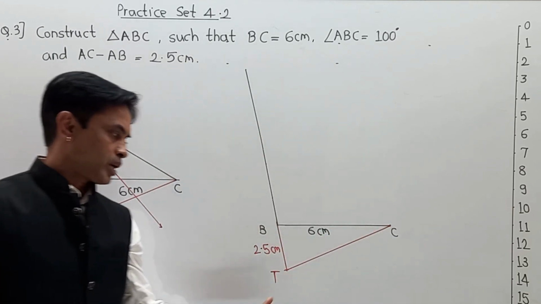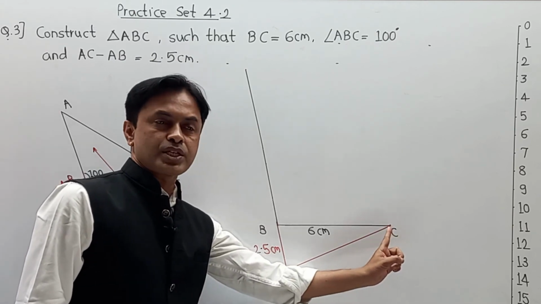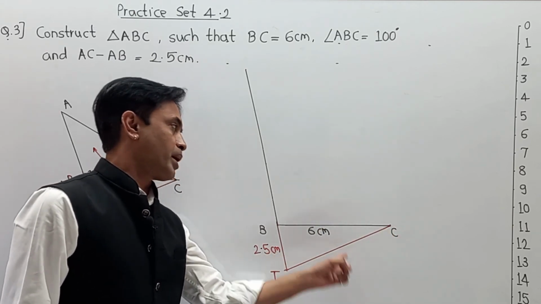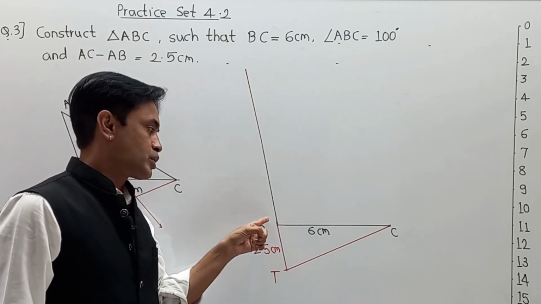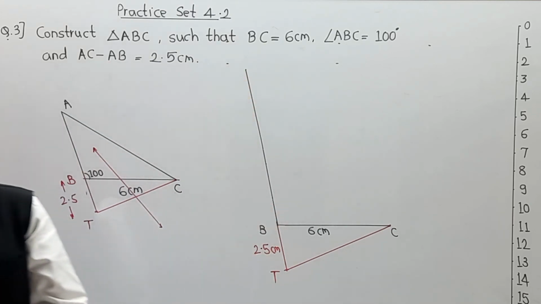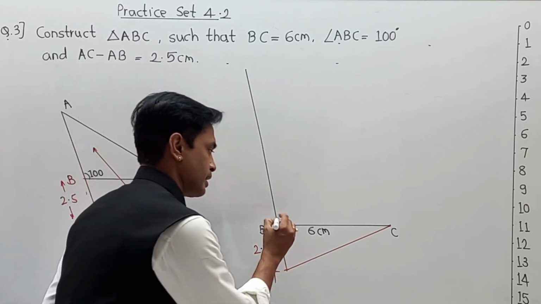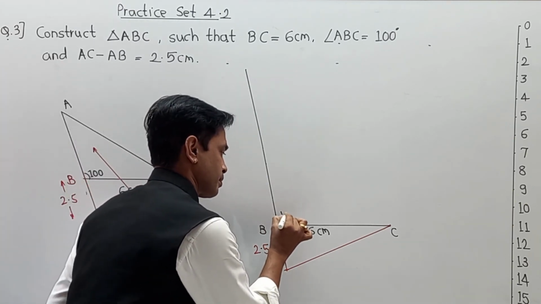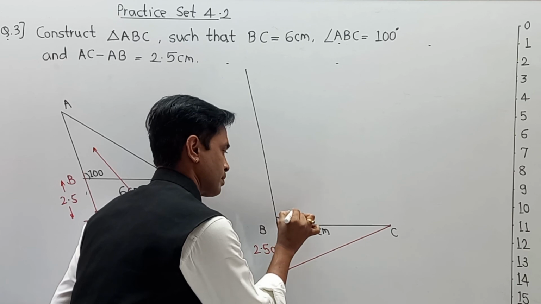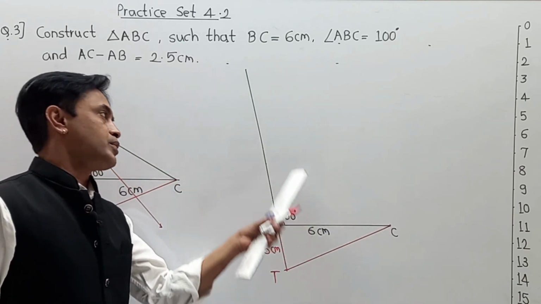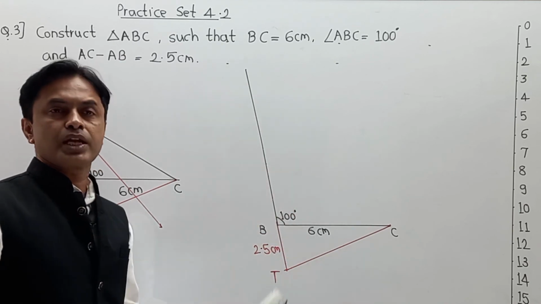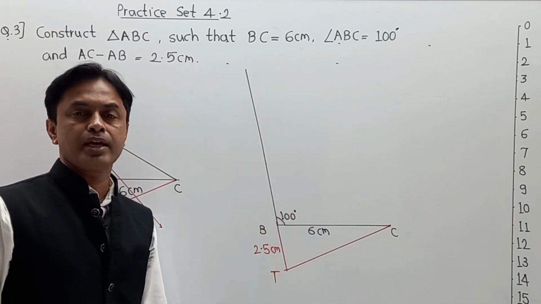That we have drawn. Now TC is one segment, and we have to draw a perpendicular bisector over here. It will touch the original segment which is drawn from B, where our angle at B is 100 degree. The perpendicular bisector on CT is going to touch your original line somewhere, and that is point A over here.